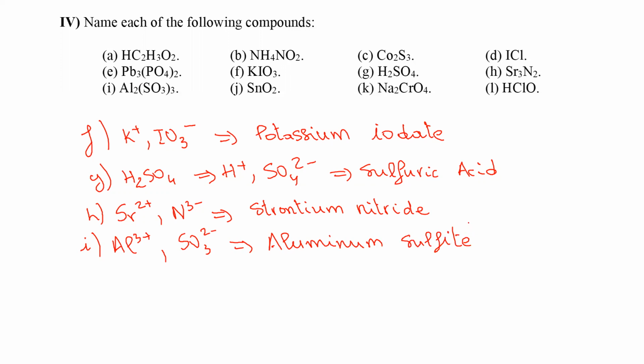Okay, and for J, it's based on tin, which can be 2 plus or 4 plus, and O2 minus, oxide. From the stoichiometry, we know that it's based on tin 4, so tin(IV) oxide.